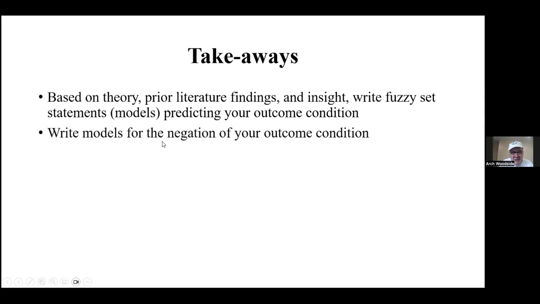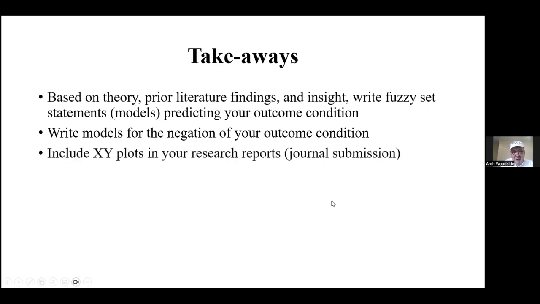And then don't forget to write a separate model for the negation, because it's an asymmetric analysis. We don't predict that high X gives you high Y and low X gives you low Y. They're separate outcomes that you need to predict separately. And so please do include XY plots in your research reports.